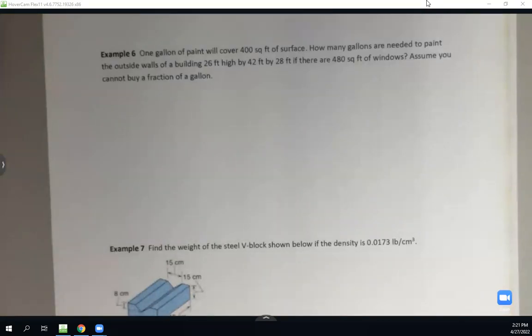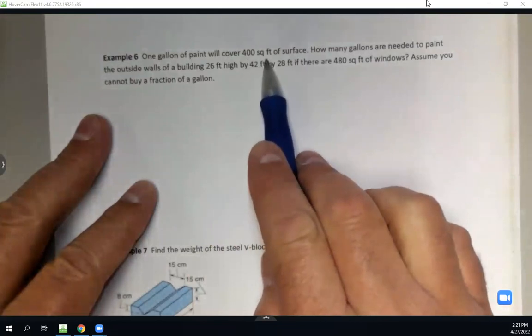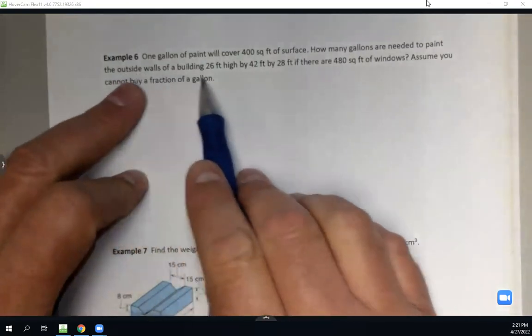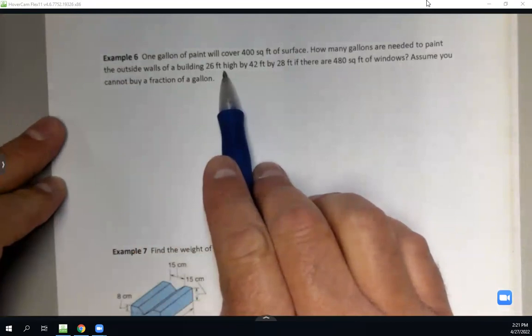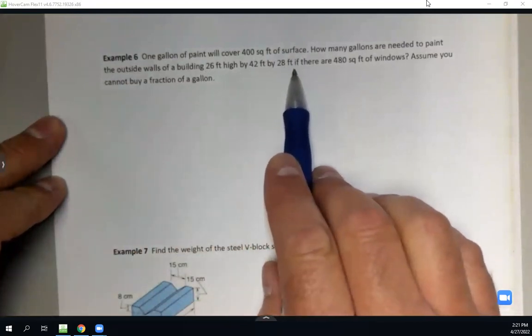Okay. So the first thing that we have to do is kind of wrap our head around the problem here. So we know that 1 gallon of paint will cover 400 square feet. And we have an outside wall of a building, and the building is 26 feet high. And it's 42 feet by 28 feet.